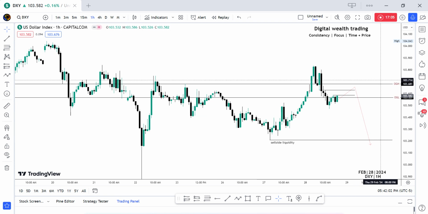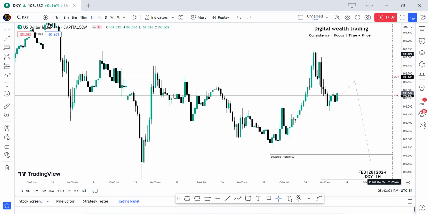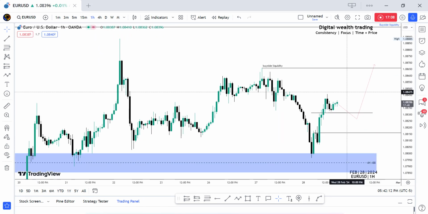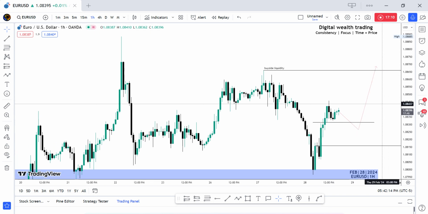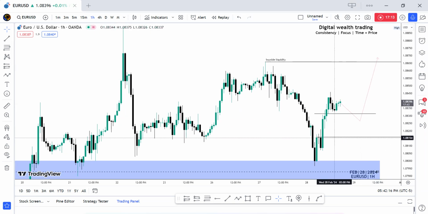So that is it for the XY. Now coming to the Euro, we can figure the same thing. I want to see price get below this area right before engaging.